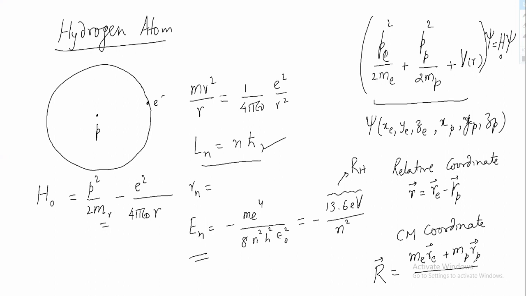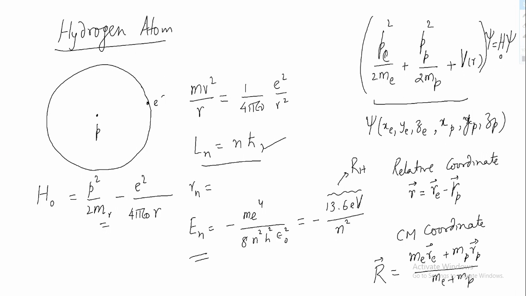Anybody? It is m1 r1 plus m2 r2 divided by m1 plus m2. So here it is m_e r_e plus m_p r_p upon m_e plus m_p. Okay?